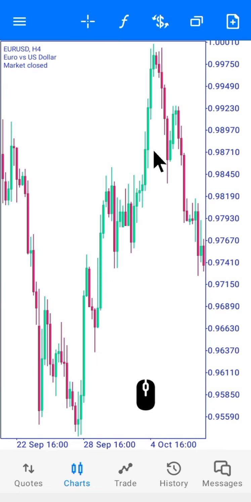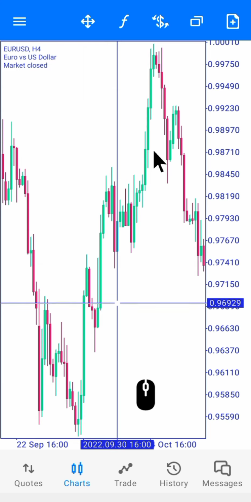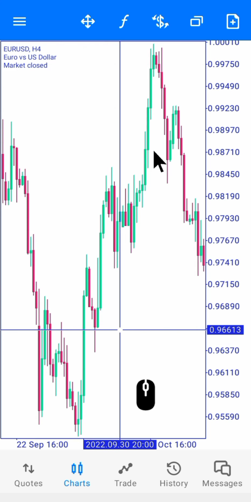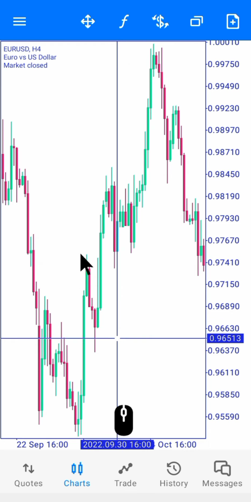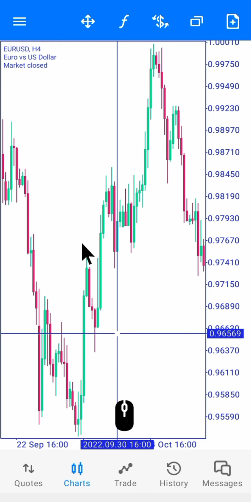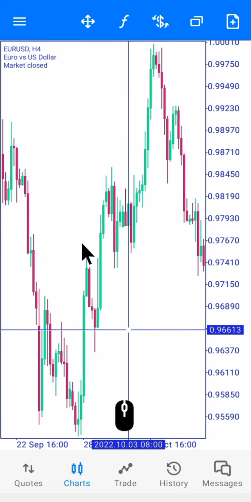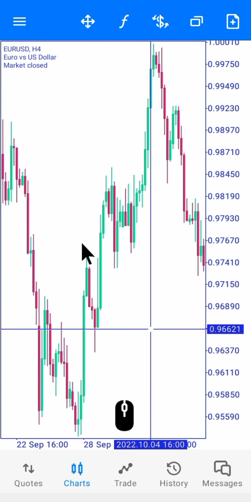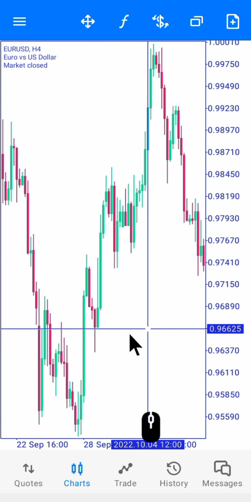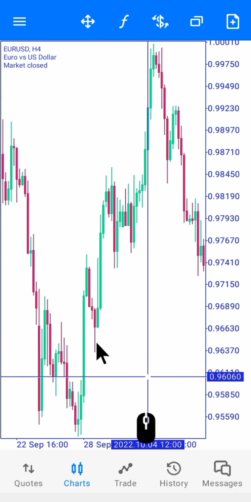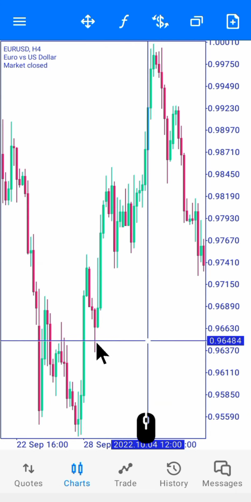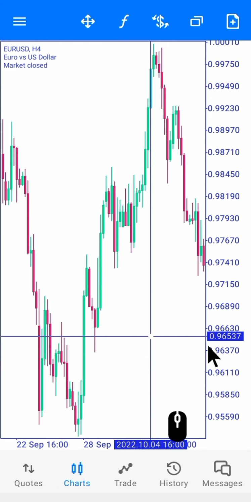You have to find out the price you want to sell. For example, the market here is moving up, then you expect that however much it is moving up, if it starts selling when it reaches this price, it is going to continue selling until it touches this level. So it means you are going to set your price. This will be your price.